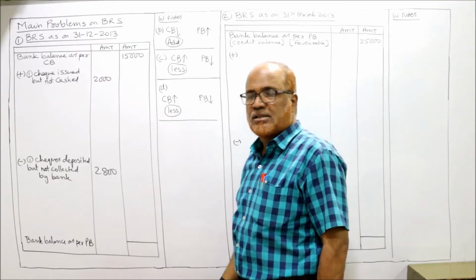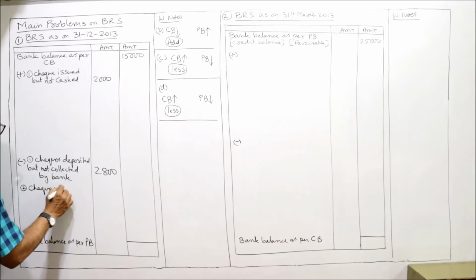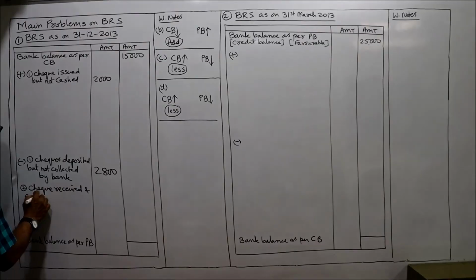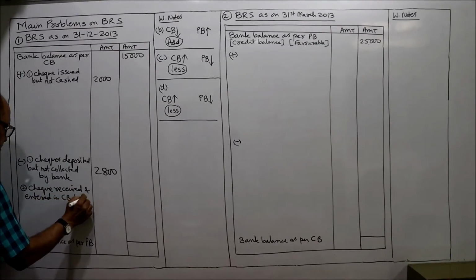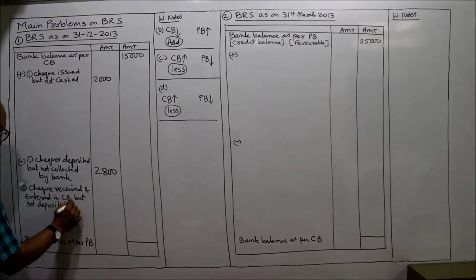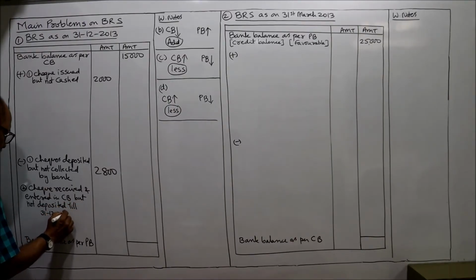We have to deduct. So here I am writing: check received and entered in cash book but not deposited till 31st December 2013.